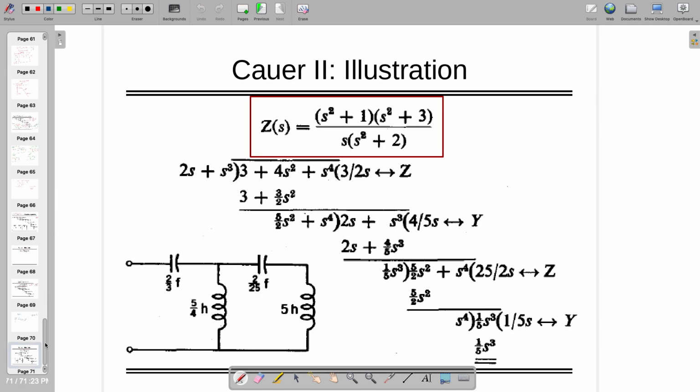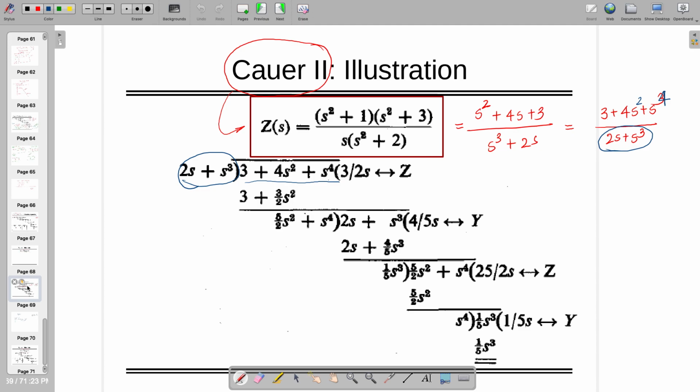Previous slides. Okay. So you have to solve from the lower order of Laplace operator. Desraj, are you following? So for this, you need to multiply with 3 by 2s, then 4 by 5s.